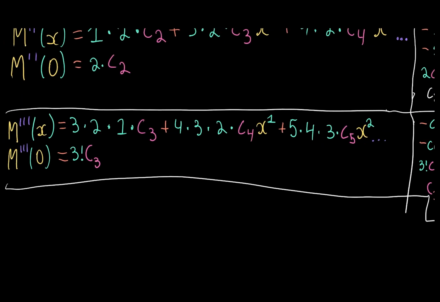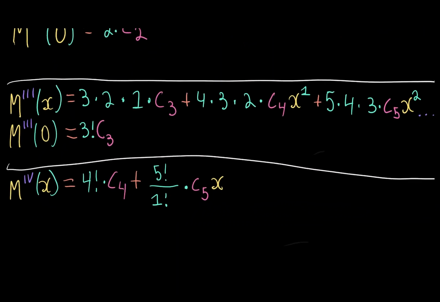So m fourth derivative of x is going to be equal to, following that idea, 4 factorial times C4, plus 5 factorial divided by 1 factorial times, sorry, we need our constant, C5 times x.